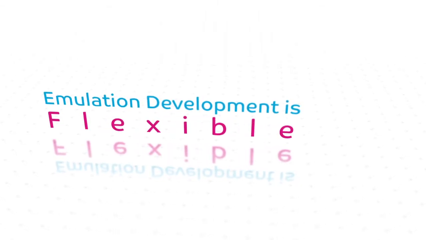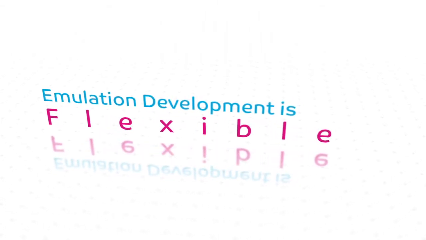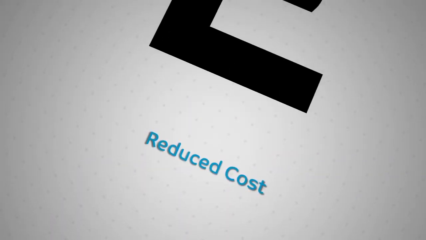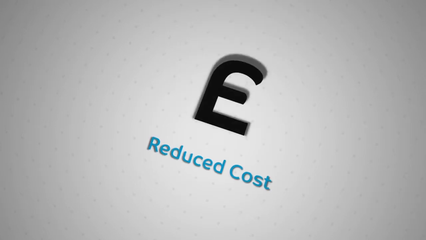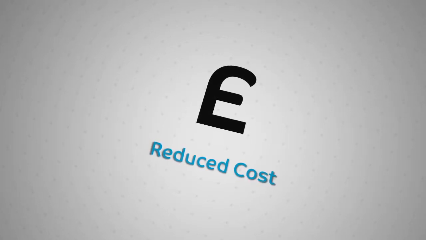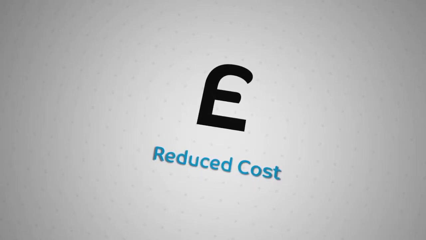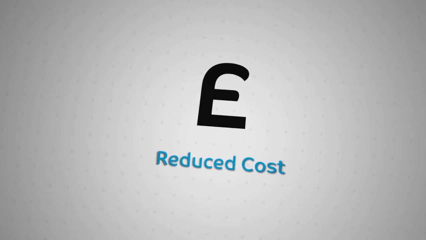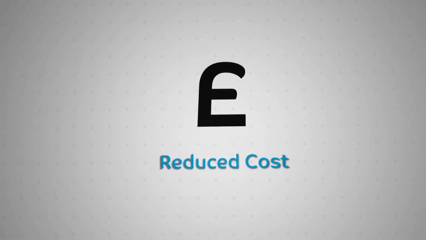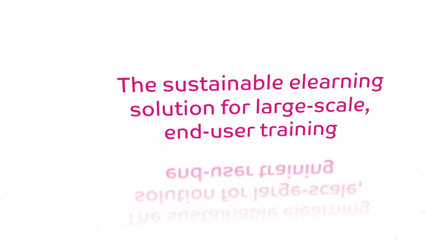But if required, the client can be trained to perform any of these functions. The Emulation Toolkit was specifically designed to offer cost-effective end-user training to large-scale organizations. The toolkit's component system ultimately reduces development and maintenance time, providing a truly sustainable e-learning solution.